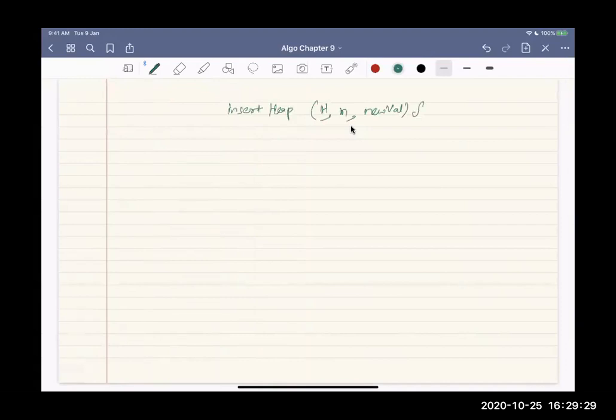Try to write this code. Similarly, try to write the code for heapify of the heap at a location n, and that will be similar to delete max. And once you understand this for max heap, you can do the analogous thing for a min heap.